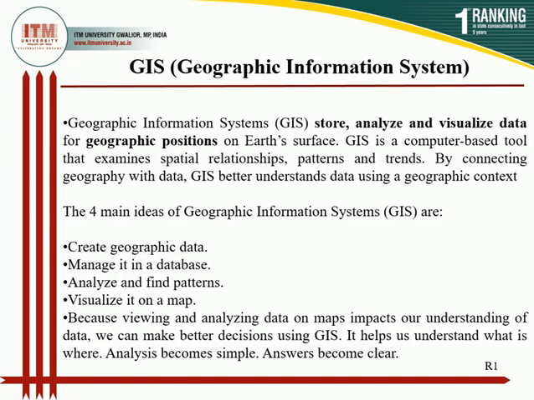Firstly, what is GIS? The full form of GIS is Geographic Information System. Geographic Information System basically stores, analyzes, and visualizes data related to the geographic positions or geographic places of the earth.